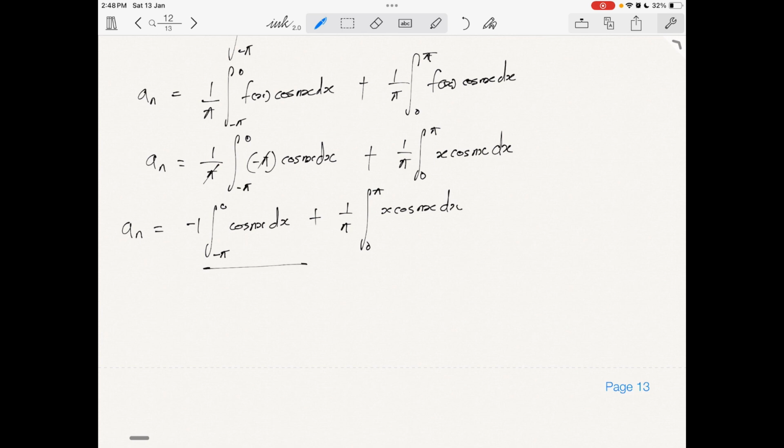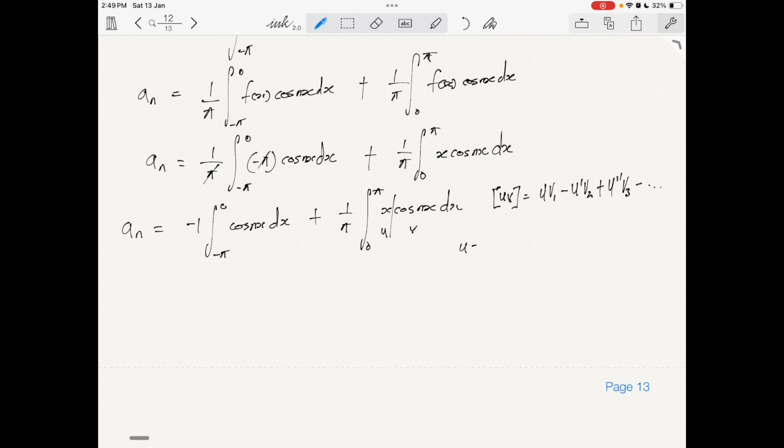Now we can see that this is straightforward. However, this will be split into two as u and v, and we apply the integration formula of uv to give u v1 minus u prime v2 plus u prime prime v3, and it continues.